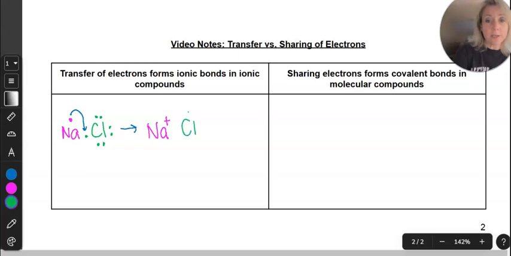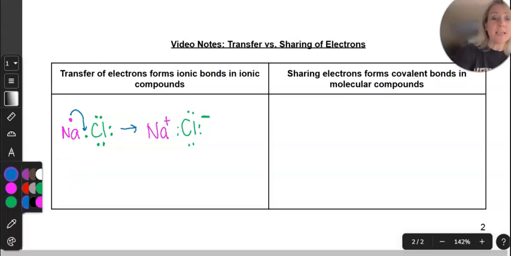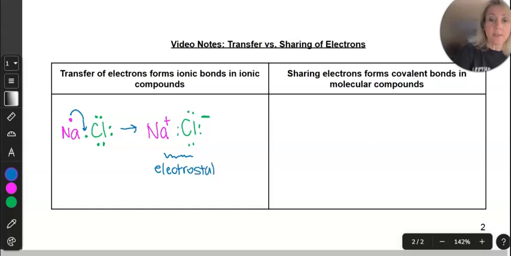Chlorine, however, now has 8 electrons in the valence shell, and because it gained 1 electron, it now has a negative charge. And so now they both have full valence shells, and now that they are oppositely charged, they are going to be held together by the electrostatic force.